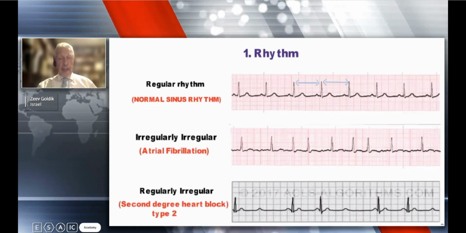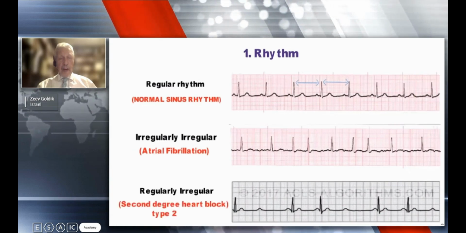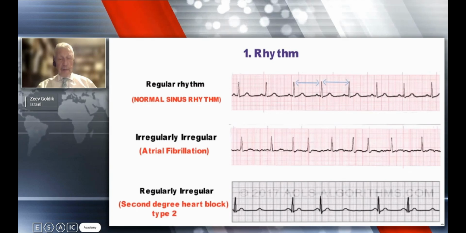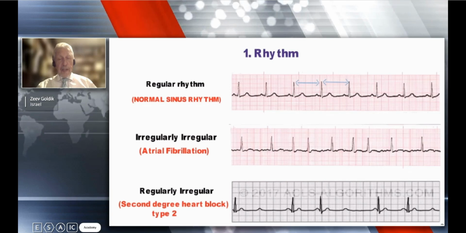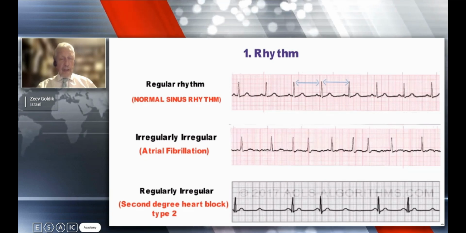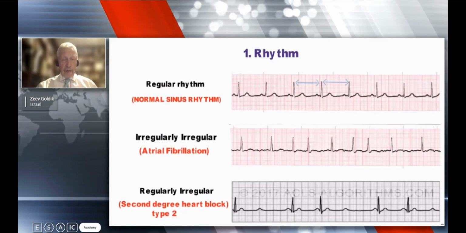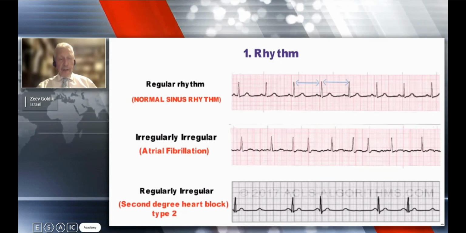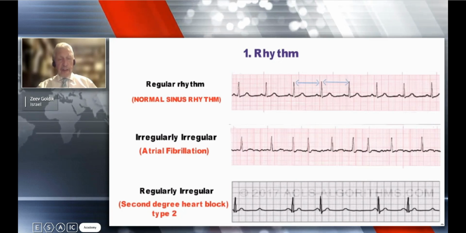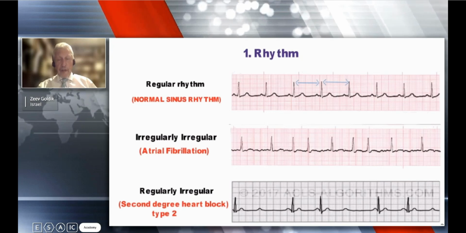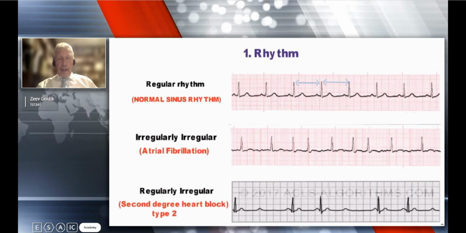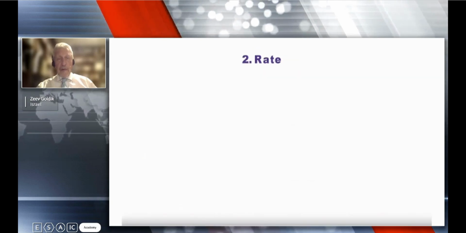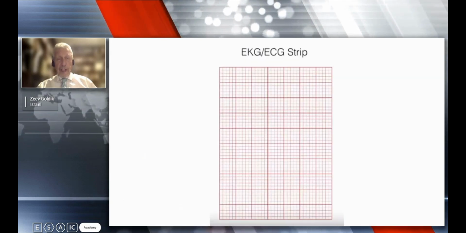This third one is a regularly irregular rhythm, because it follows the pattern. You can see it along the strip of the ECG. This, for example, is a second-degree heart block, type 2. So, regular or irregular. Then we go to the second step, which is the rate.